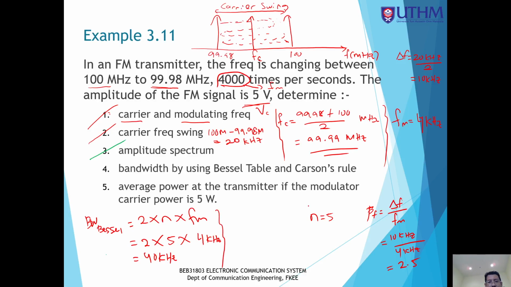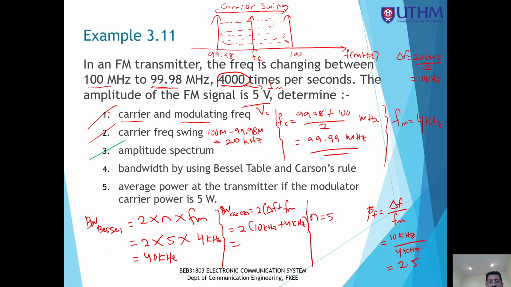And then bandwidth by Carson is equal to 2 times delta F plus Fm. So this is equal to 2 times, delta F is 10 kilohertz, plus 4 kilohertz for the modulating signal frequency.